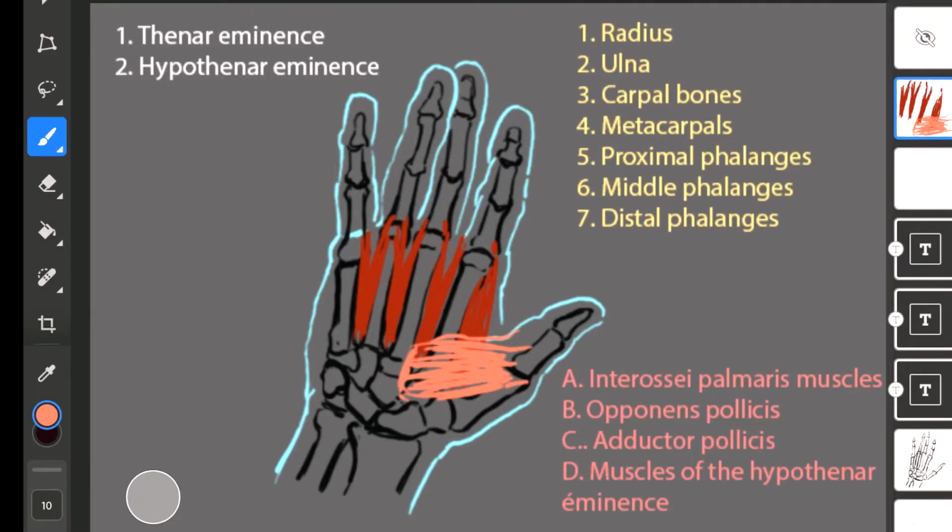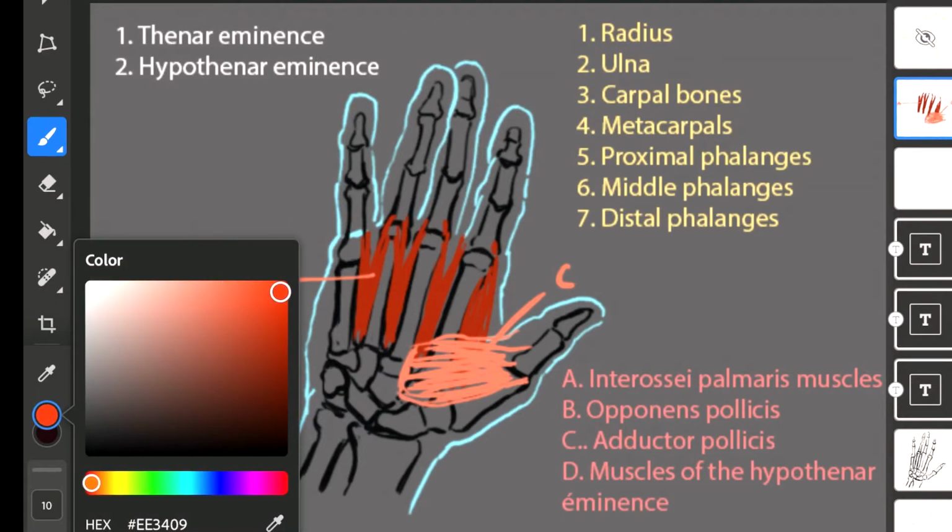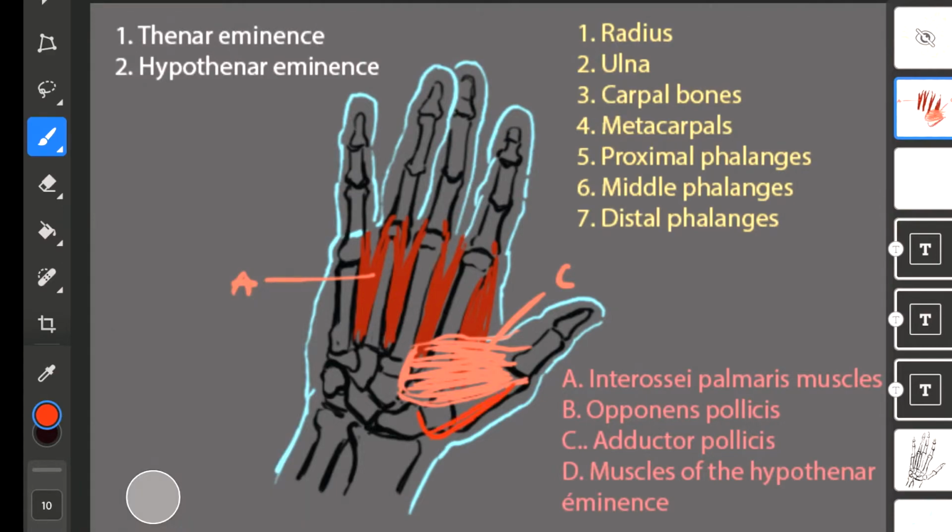And runs like that. So that is going to be the adductor pollicis muscle. We forgot to label our interosseous palmaris muscles. That's going to be A. And then below it, we have our opponens pollicis, which is going to run this way, like this. So those two muscles form the ball of the thumb.